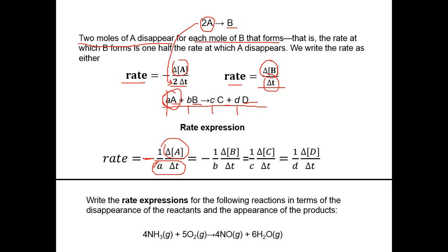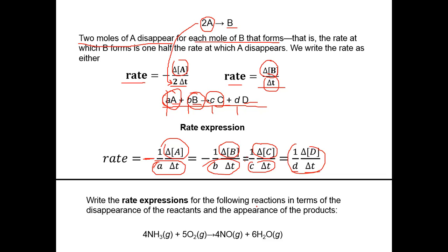This equals the rate of disappearing of B, delta B over b times delta T, and it equals the appearing of C. Because now we have a product C, there's no minus anymore. So C appears, delta C over c times delta T, and the same for D, delta D over d times delta T.